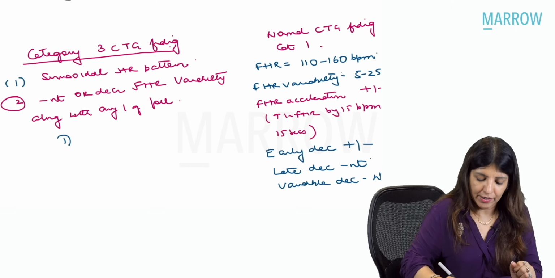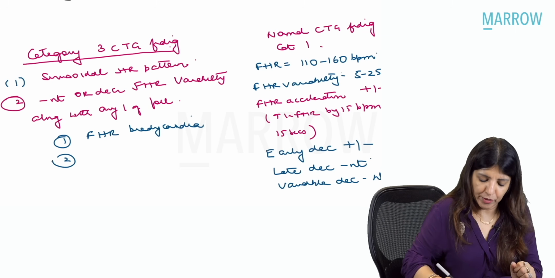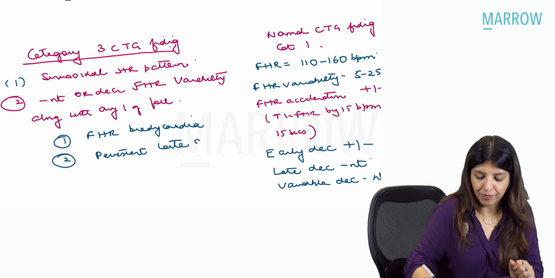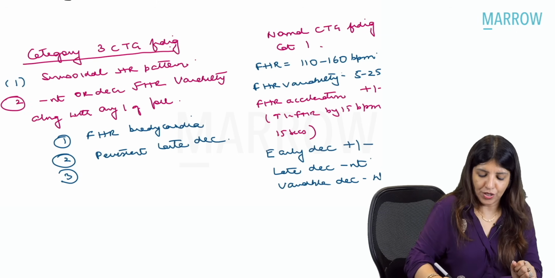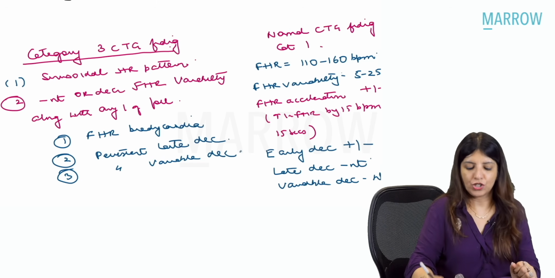What are they? Number 1, fetal heart rate bradycardia. Number 2, persistent late deceleration. And number 3, persistent variable deceleration.